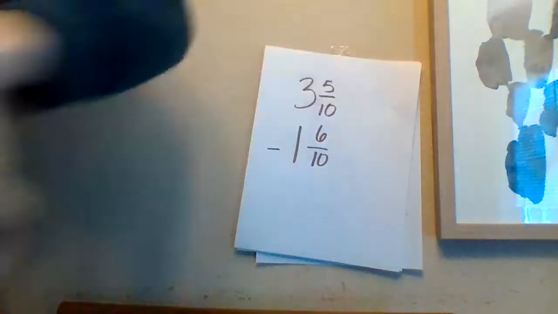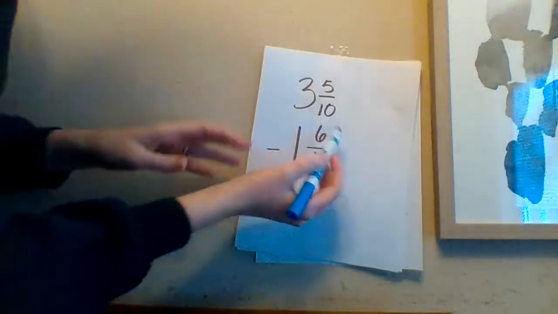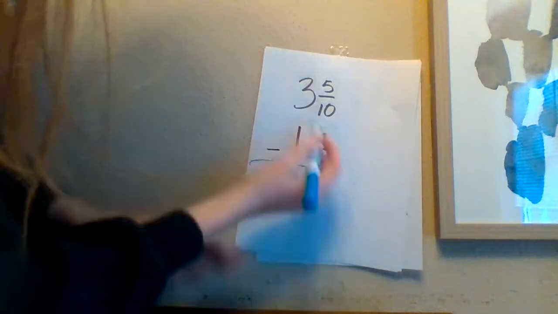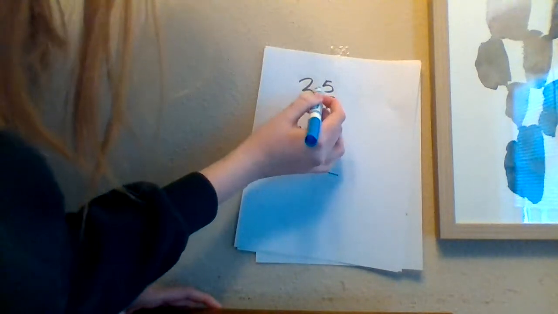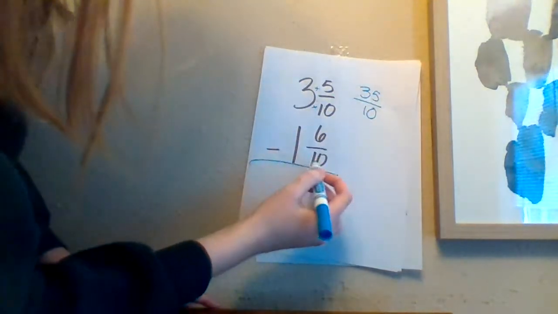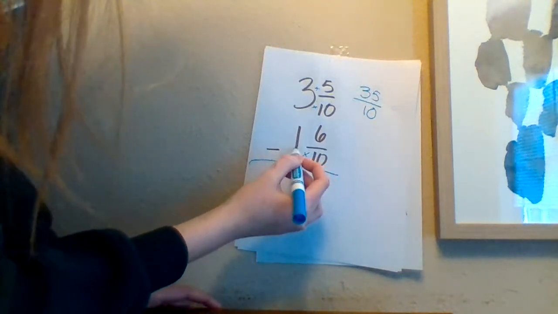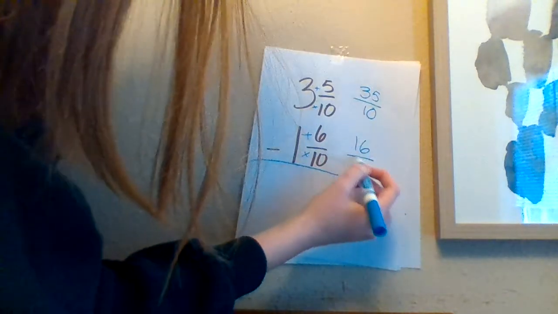If I had that same equation and I wanted to do it a different way, if this makes more sense with my brain, I could just change them both to improper fractions. So 10 times 3 is 30, plus 5 is 35, 35 tenths. 10 times 1 is 10, plus 6 is 16, 16 tenths.